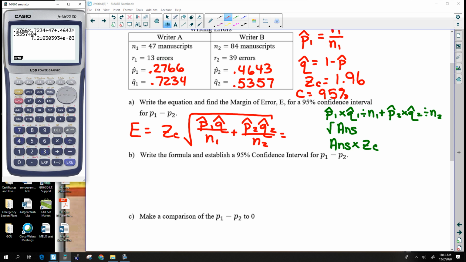That's the inside. We square root that and multiply it with the ZC, which is 1.96.